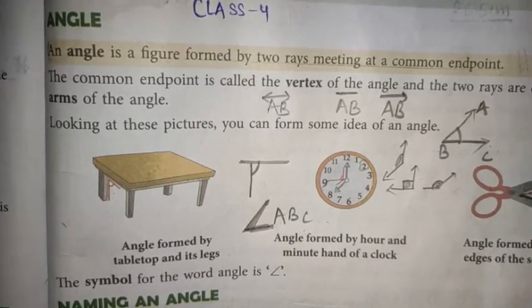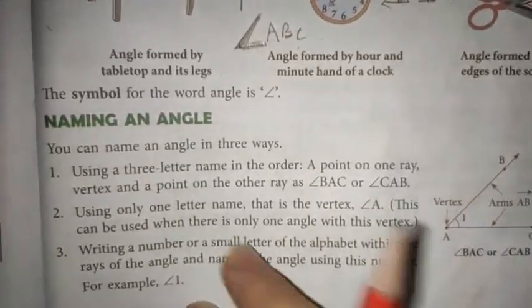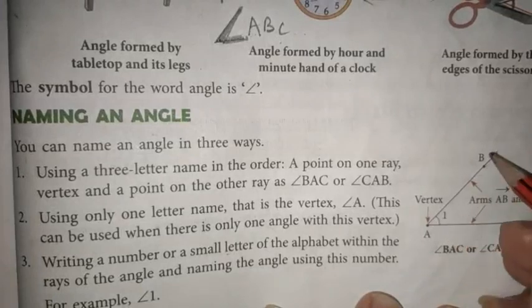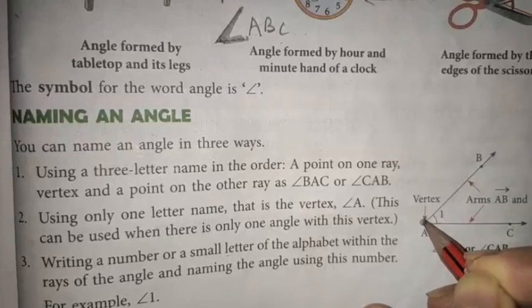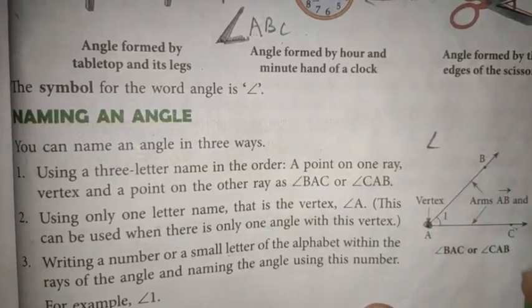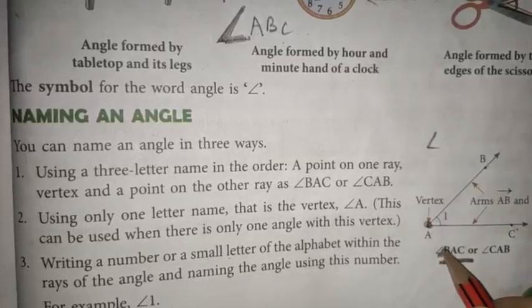I hope you have understood this. Now, how to name an angle? If there is a ray BA and AC meeting at the common endpoint A, the name of the angle is BAC. First you represent it with the angle sign.